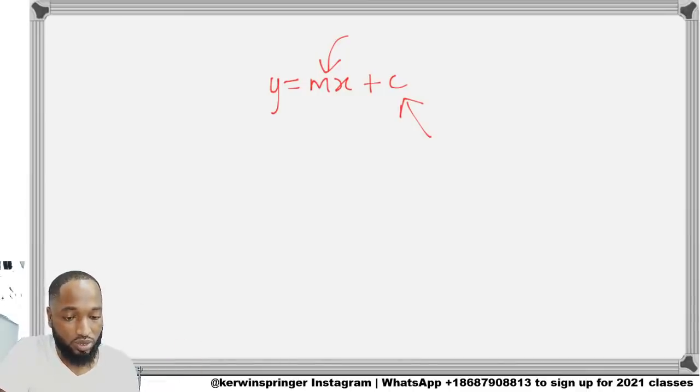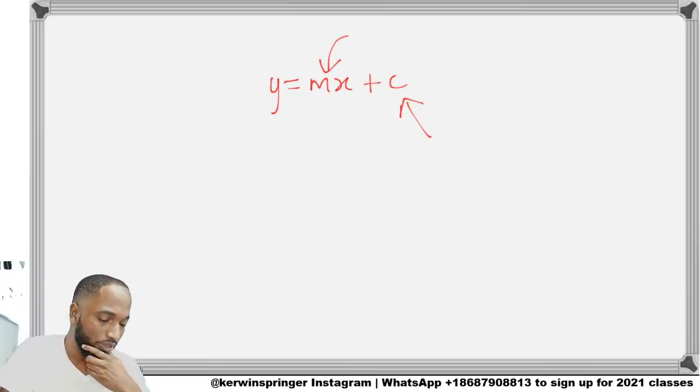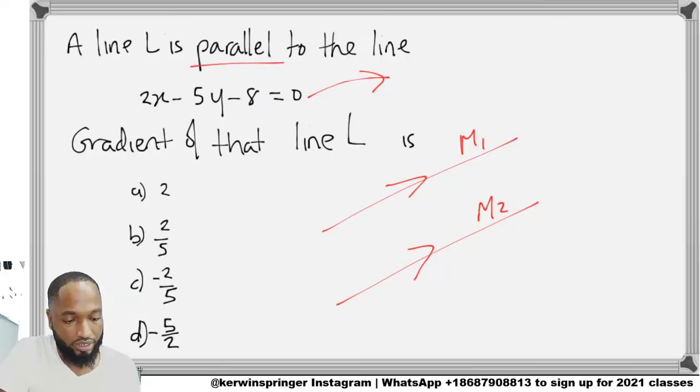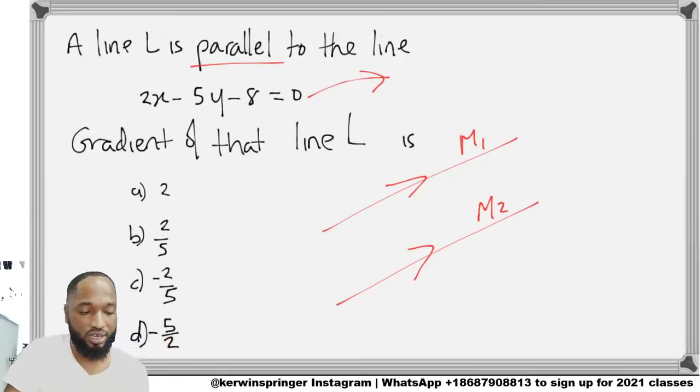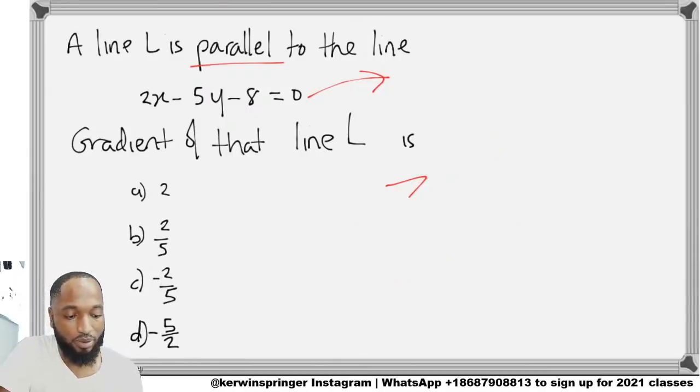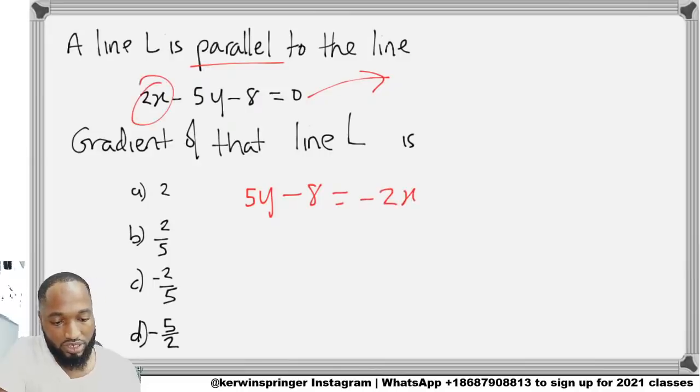You'll realize that soon. y equals mx plus c, so m is the gradient and c is the y-intercept. So we want to switch this equation into the general form. When you switch it into that form, we get the gradient, so therefore we know the gradient of the parallel line must be equal to it as well. Rearranging this, the first thing I want to bring across is this 2x, but it will turn negative.